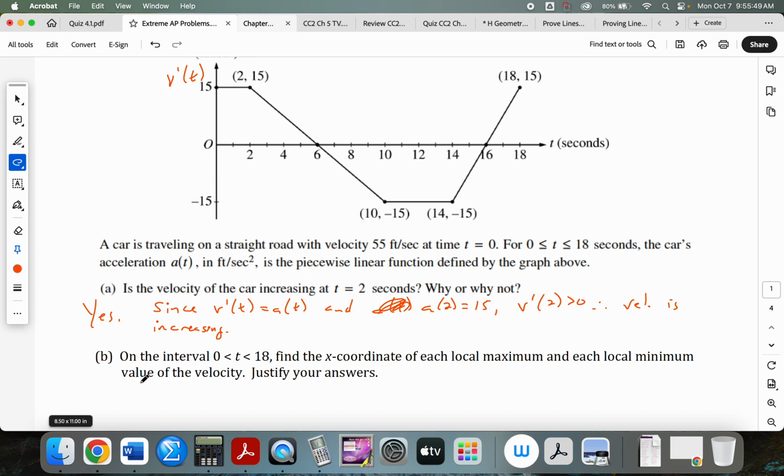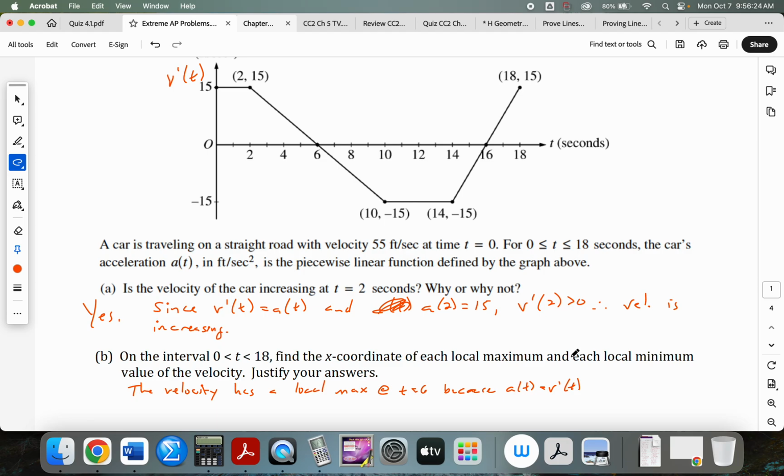So the velocity has a local, what happens at 6? At t equals 6, because a of t, which is the same thing as v prime of t, I like to tell them that in every single part.